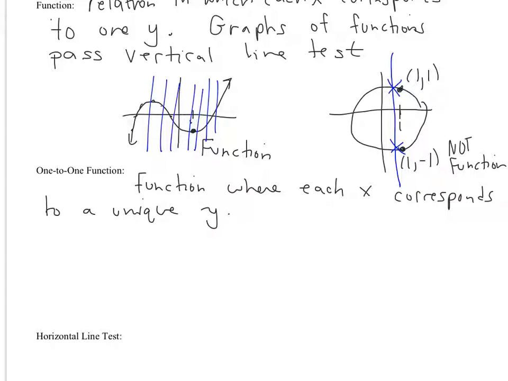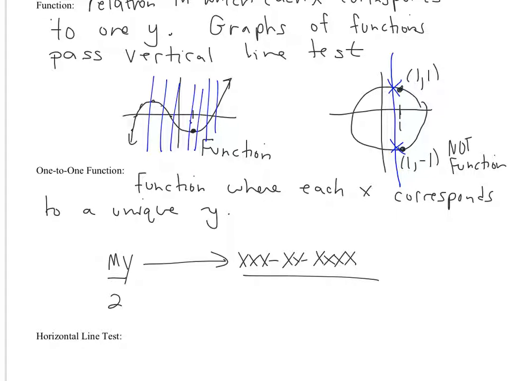So, for example, if I say what is your social security number, my social security number would relate to only one unique number. No one else would have that social security number. So one person has one number. So if I have one x, say the x value I have is 2, and that corresponds to, say, a y value of 3, then no other x value can have a y value of 3. That x of 2 is the only one that can have that y value, as an example.